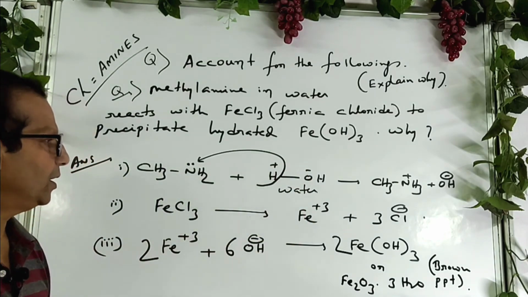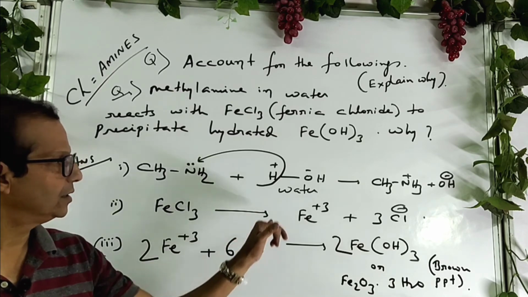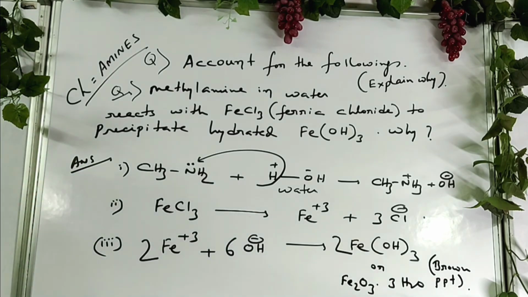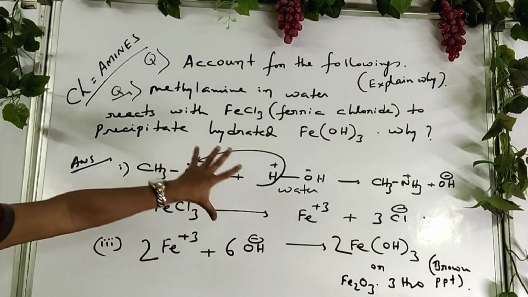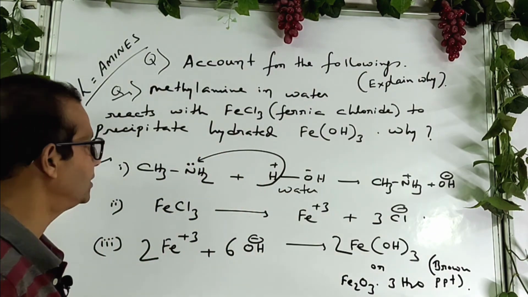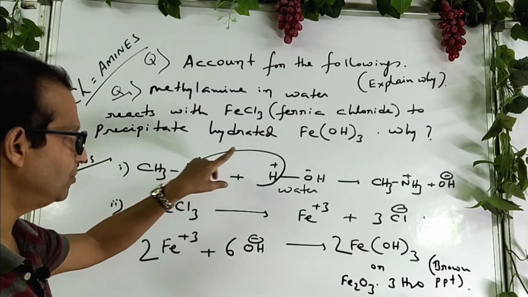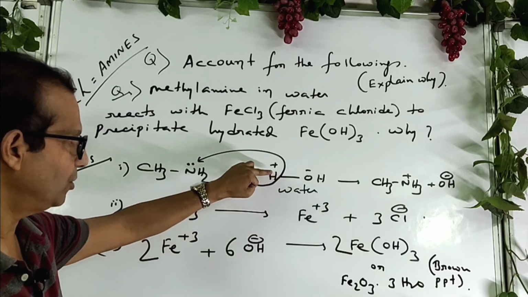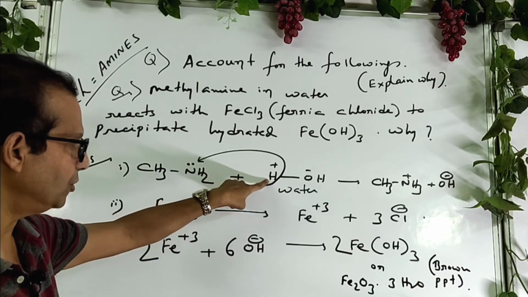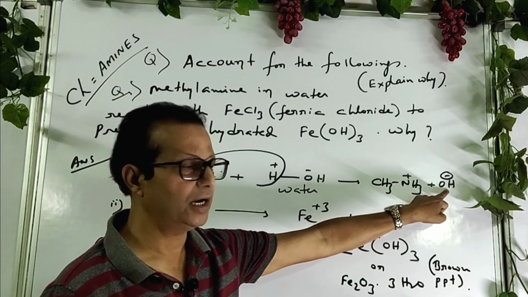So if this question comes, it is better to write the corresponding formula like this. And in language, how to write it? Once again listen. As methylamine is more basic than water, it attracts a proton from water to give OH negative ion, hydroxide ion.